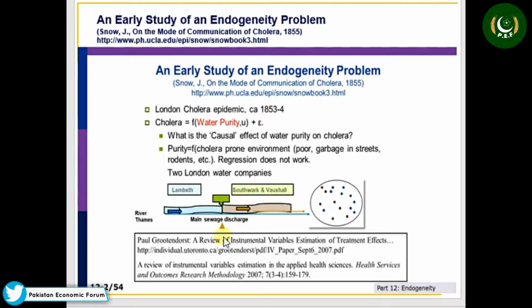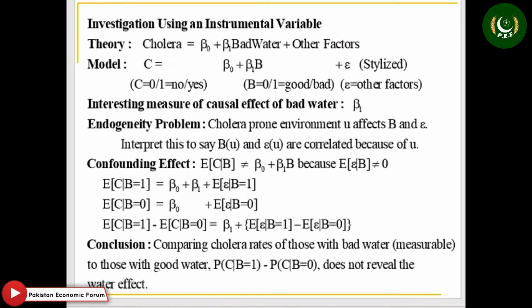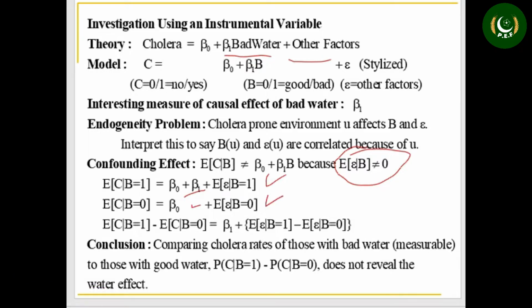How did we use an instrument? Let's see. Bad quality water and other factors are correlated, therefore the expected value of epsilon given B is not equal to 0. When we say B is equal to 1 if good quality, 0 otherwise, with beta 1, and here you don't have any other variable, you take the expected value for B equal to 1 and B equal to 0.